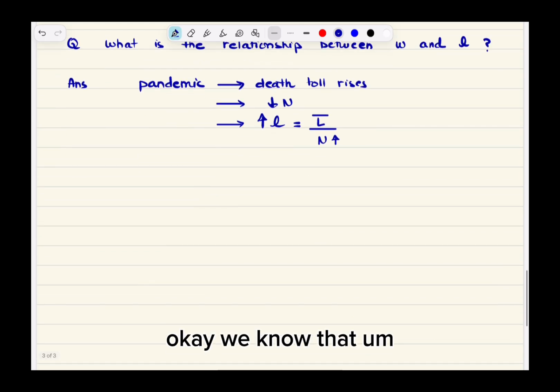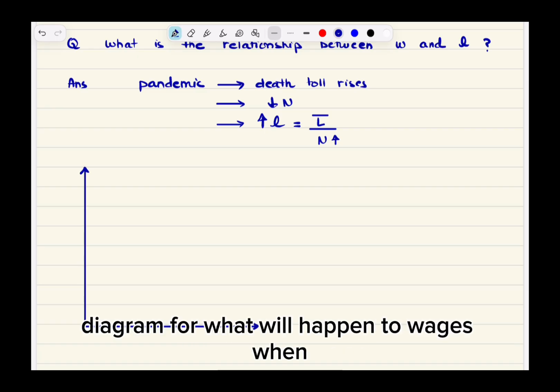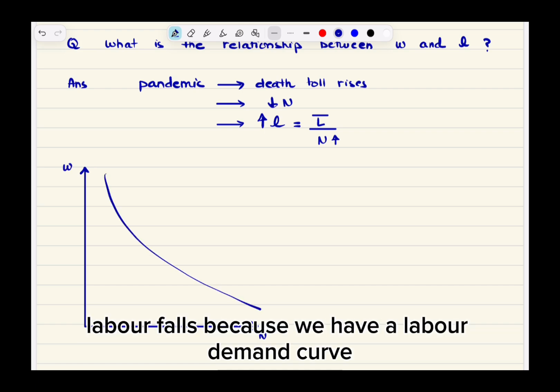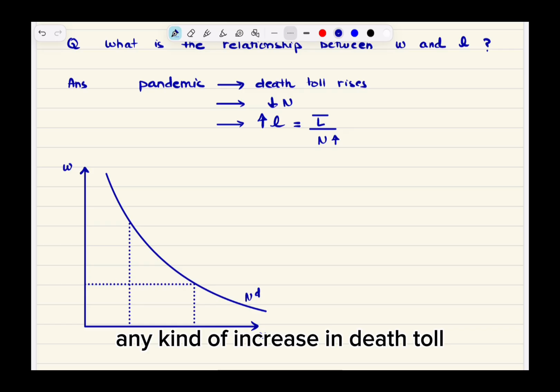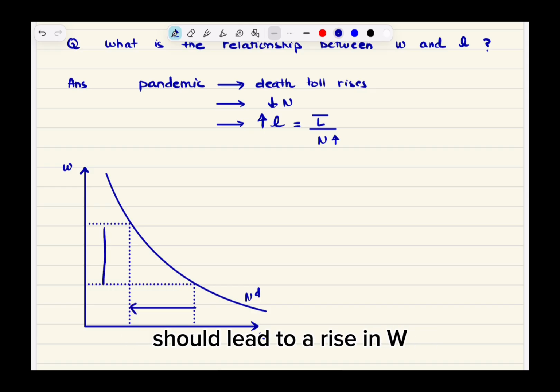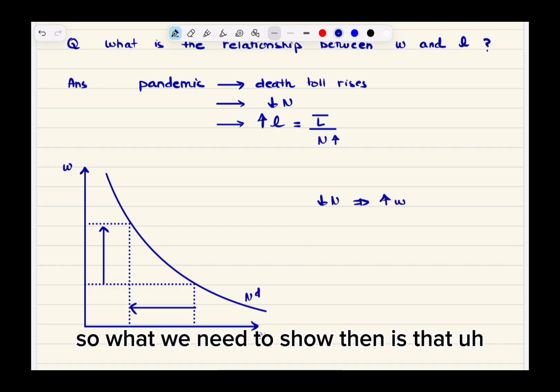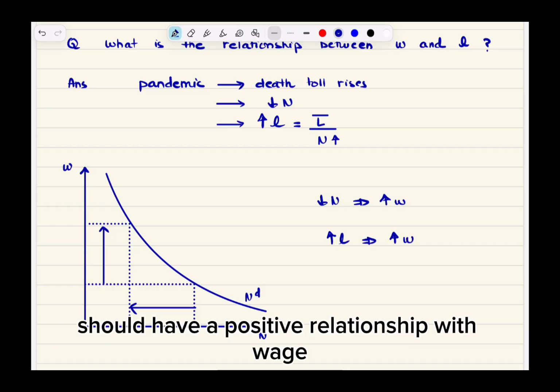Okay, we already had this diagram for what will happen to wages when labor falls, because we have a labor demand curve, and we know that when labor falls because of whatever war, famine, any kind of increase in death toll, it should lead to a fall in N and a rise in W. So any fall in N should lead to a rise in W. What we need to show then is that a rise in land per labor has a positive relationship with wage.